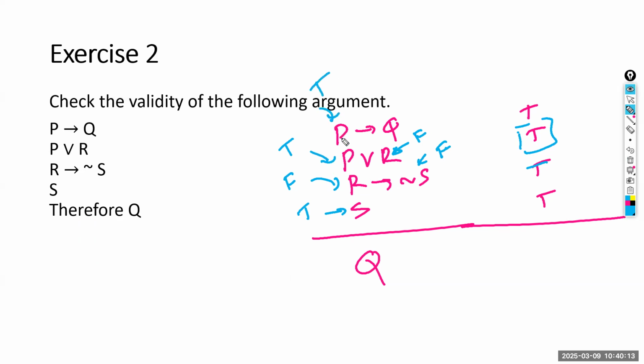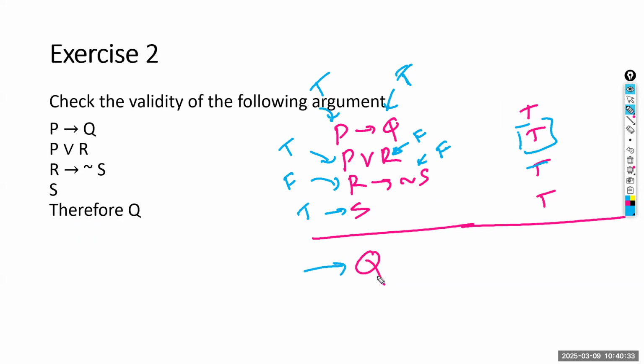If P is true and the statement is true, what do you think about Q? If this is true, this must be true, right? Because if Q becomes false, this becomes false. But this guy says this is true. If this is true and this is true, Q must be true. And that is what this guy is also saying, that Q must be true.